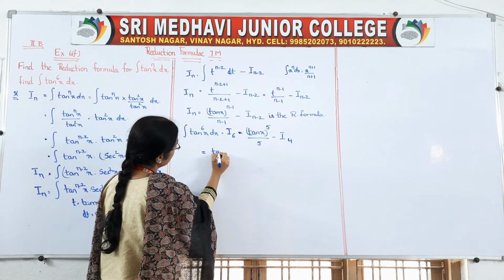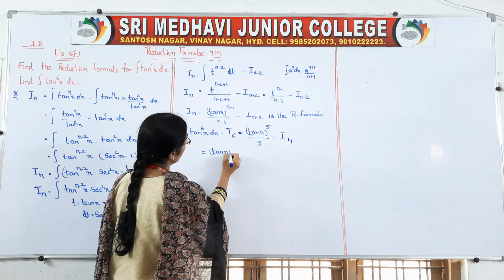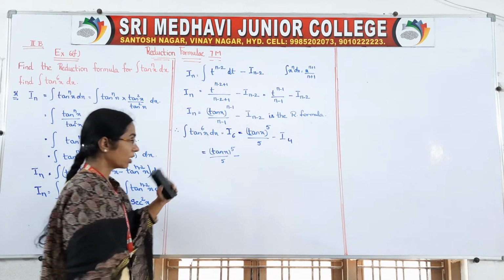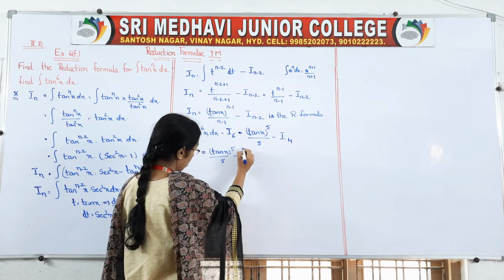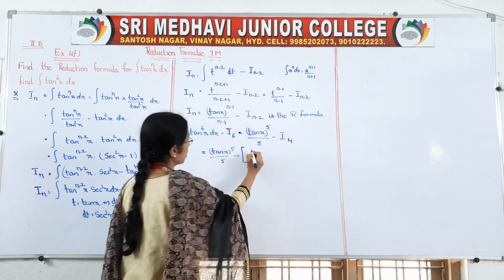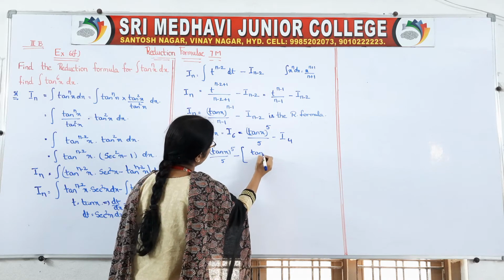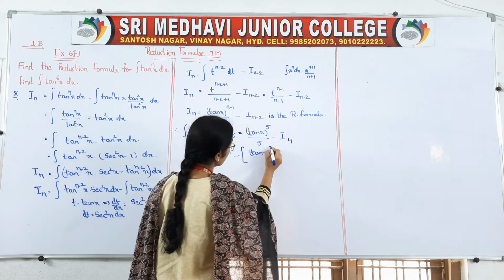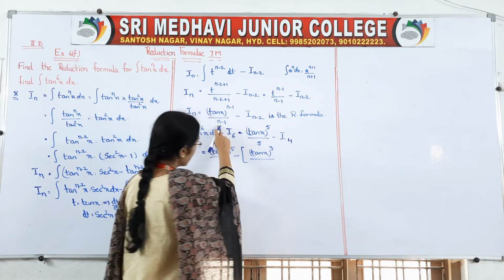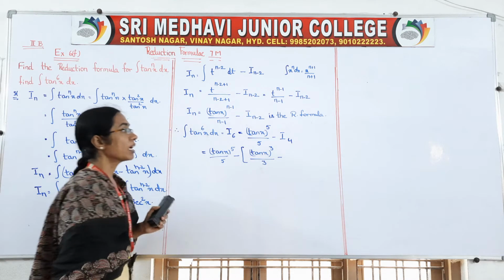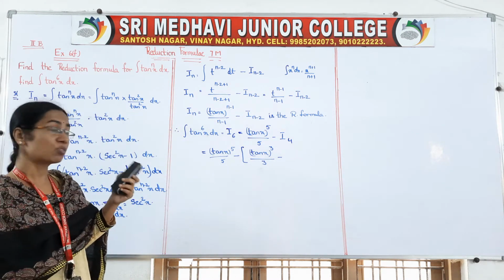So it is tan x to the power of 5 by 5 minus, come on, now in this formula in n place we have to substitute 4. So it is tan x to the power of n minus 1, 4 minus 1, that is 3, by 4 minus 1, that is 3, minus I of n minus 2, n is 4 now.